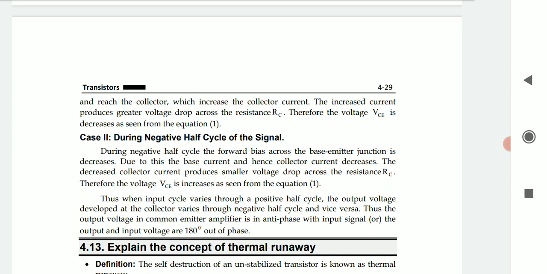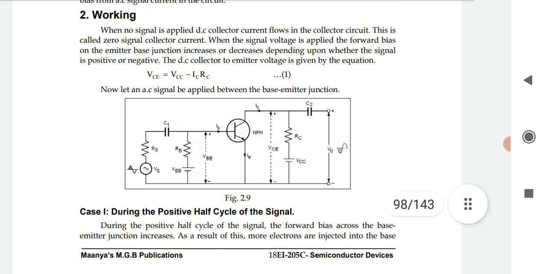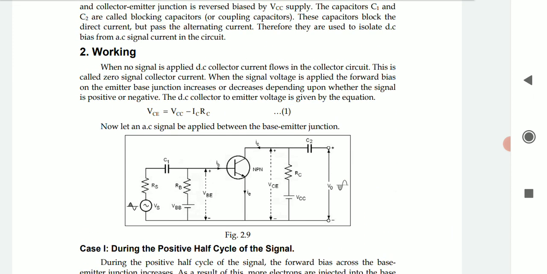Therefore, the VCE is decreased, as seen from equation 1. This is equation 1: VCE is equal to VCC minus ICRC. This is the output voltage equation.